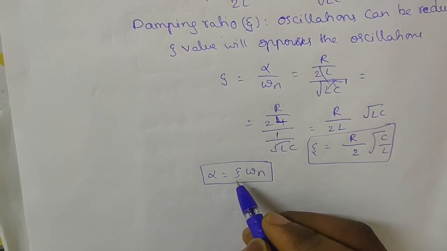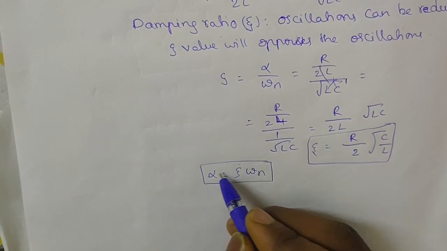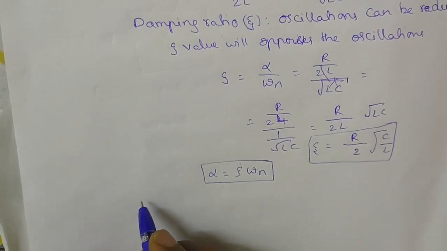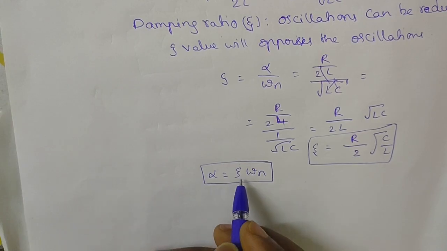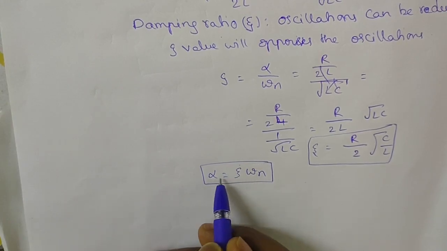So by varying zeta value, alpha will be varying. Case by case we will see how, if alpha is varying, indirectly zeta is varying.